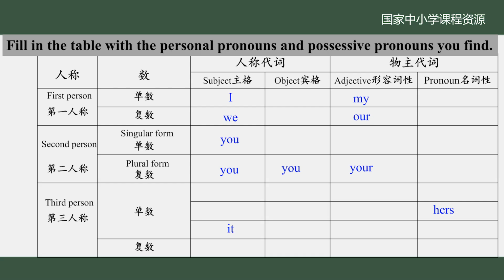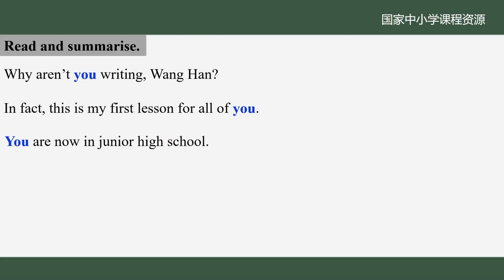You see, the pronoun you appears 3 times in different places in the table, and how to distinguish whether it is singular or plural, subject or object. Let's read the following sentences and summarize the roles.